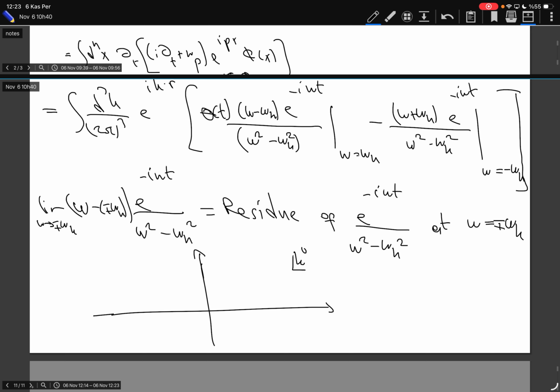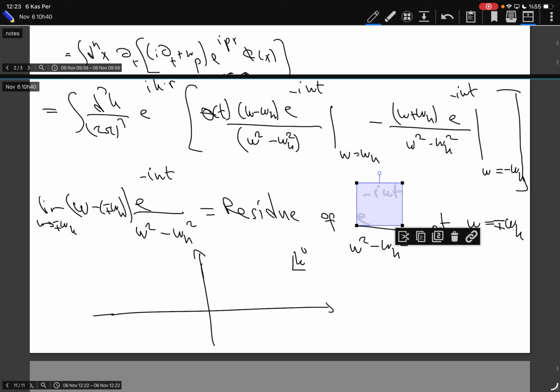Let me first look at this exponent. If t is positive, I should close this contour from below. Right? If t is positive, omega should have a negative imaginary part so that the contour at infinity will not contribute.